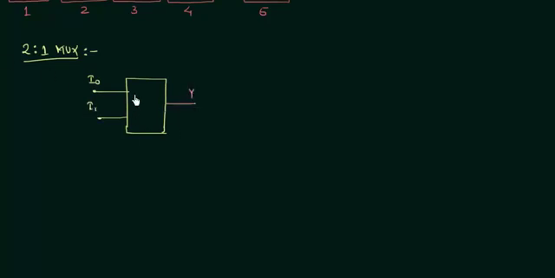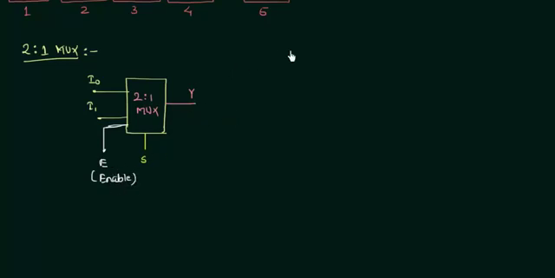Y is the output, 2 raised to 1 MUX, and the number of selector variables will be single, so let's say S. Now one more thing in this multiplexer is E, which is your enable.